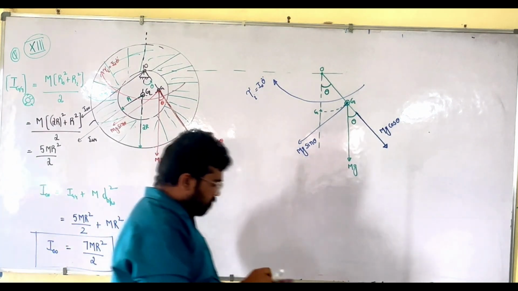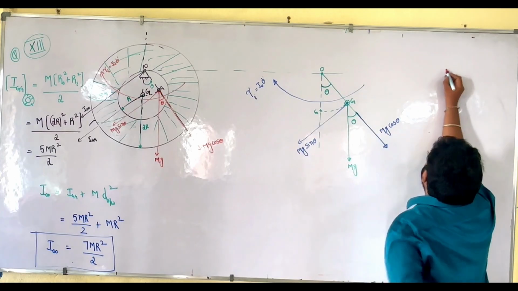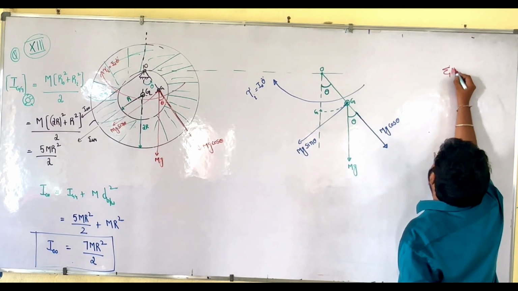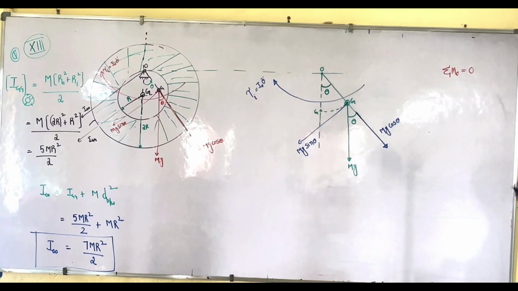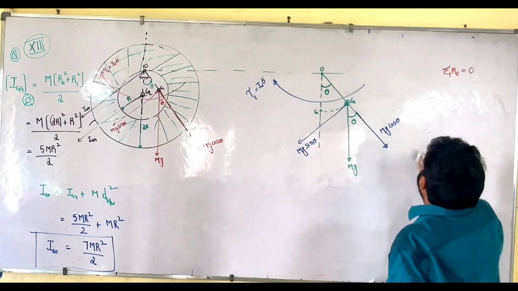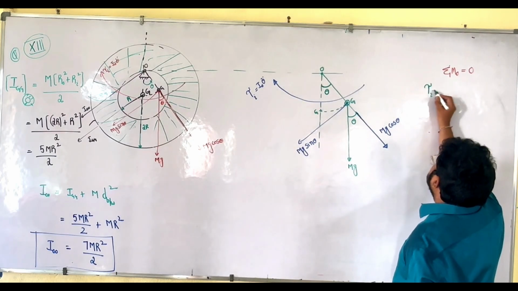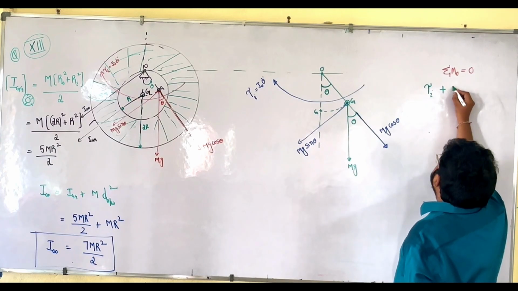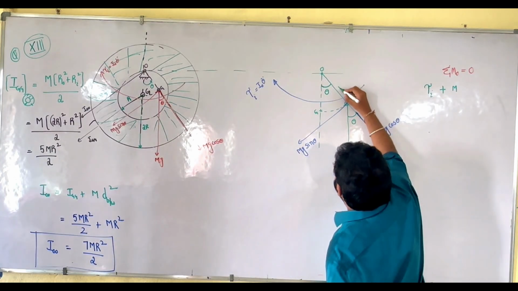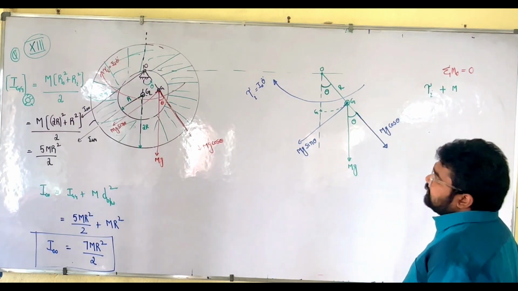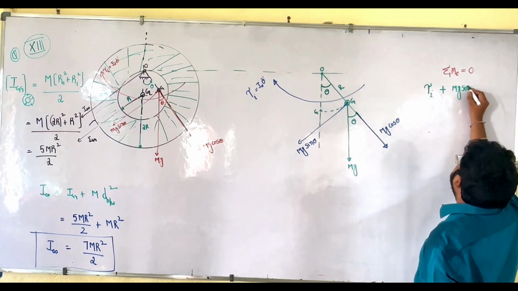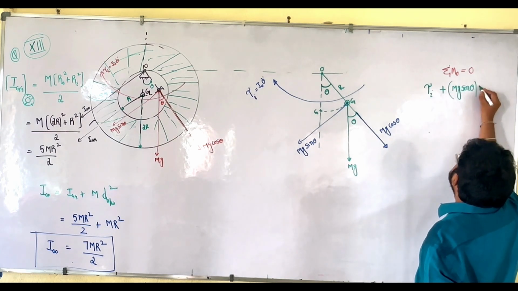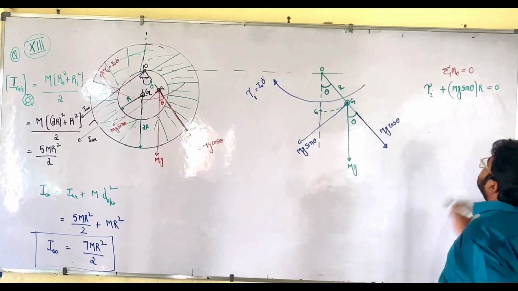Now apply moment about point O equal to 0. That is inertia torque plus mg sin theta into this is how much? R, na. So mg sin theta into r equal to 0.